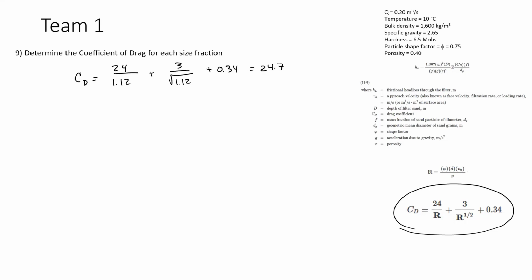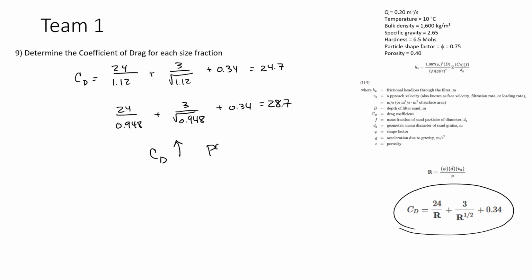So that's that first fraction. We go down: 24 divided by 0.948, plus 3 over the square root of 0.948, plus 0.34. That equals 28.7.